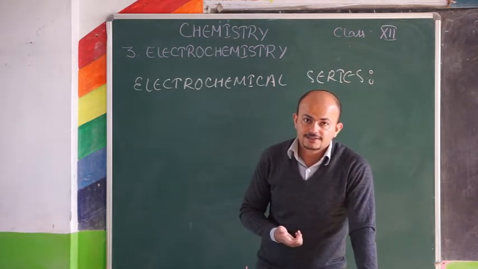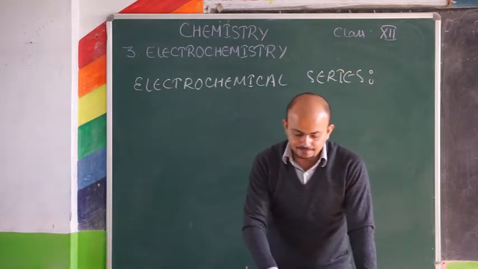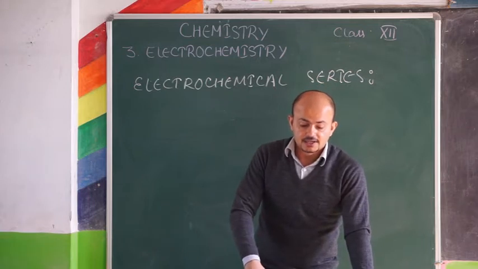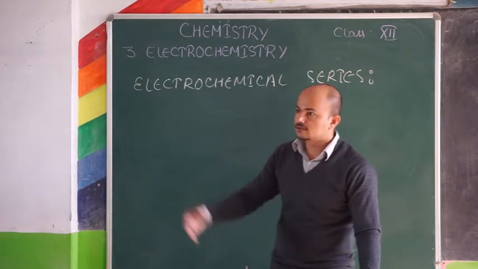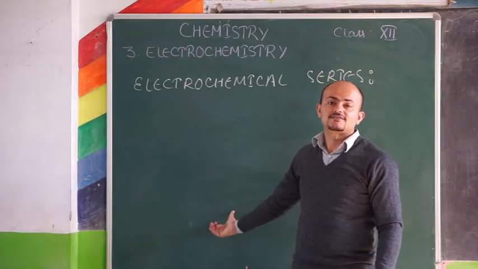So definition wise, it's a table which represents an arrangement of various electrodes in the decreasing order of their standard electrode potential, and it is called the electrochemical series. So at the top you have the highest value of electrode potential, and as you go down, you have the least value.